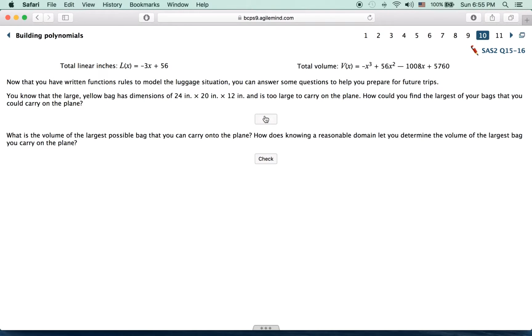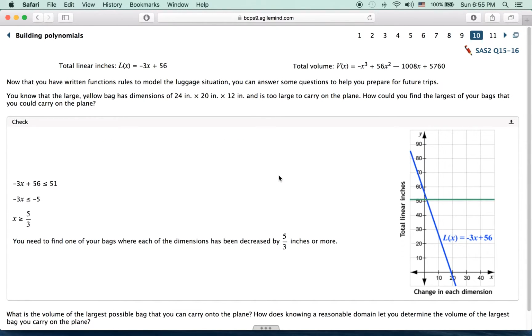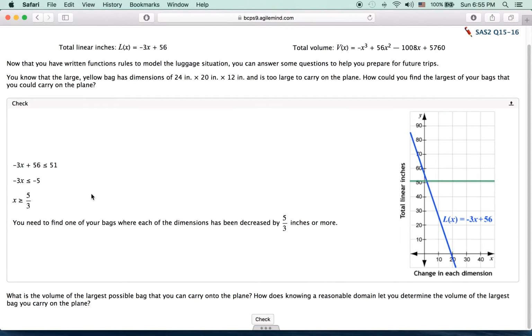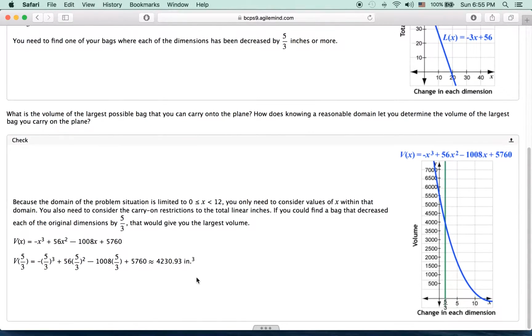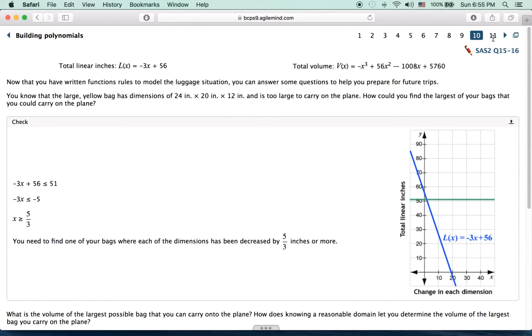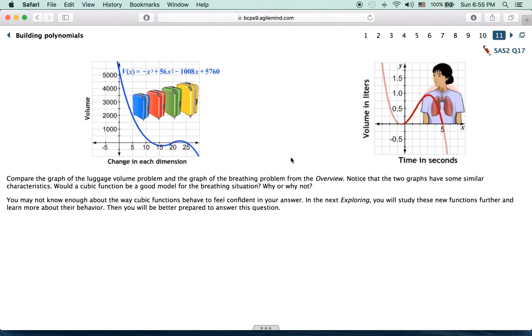Okay, so they're going to ask you to compute the amount of the length, width, and height you'd have to remove, and then they want you to compute how much volume you're going to have when you do that. Okay, at the end of thinking about this, it's important to have some basic idea about the shape of a cubic polynomial.